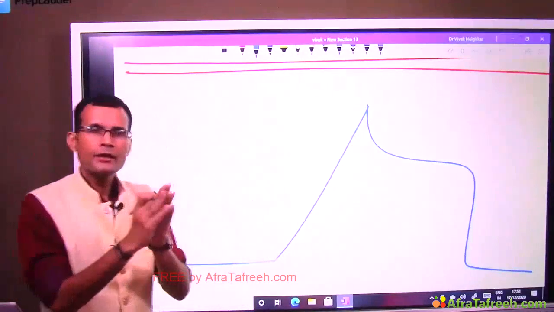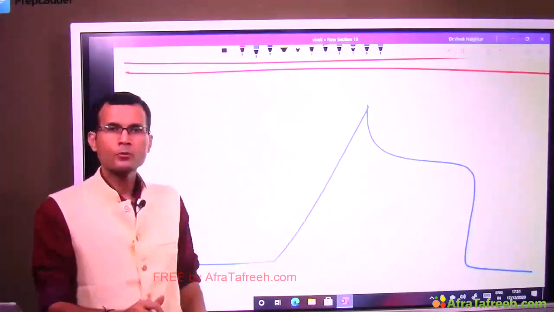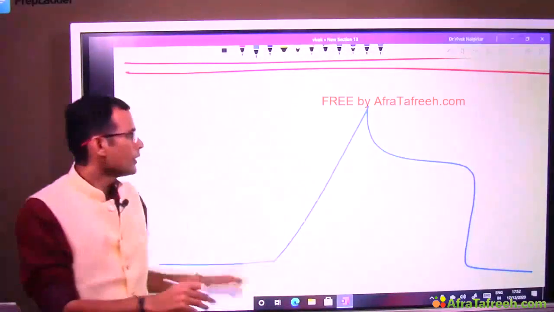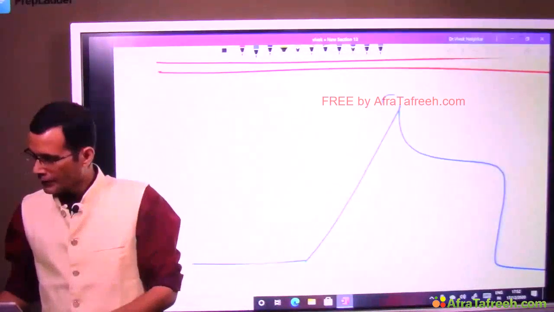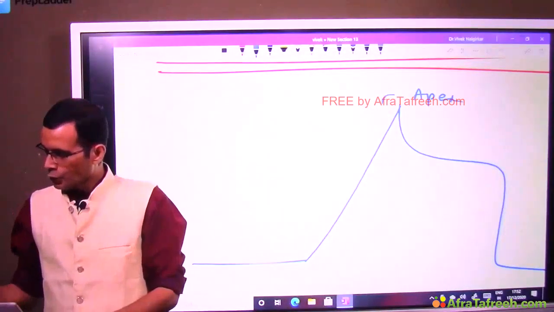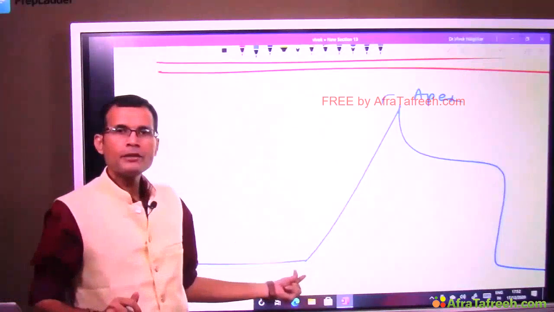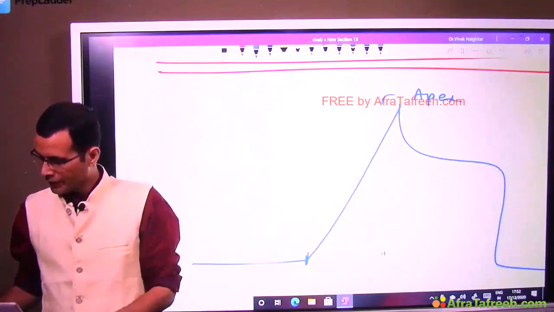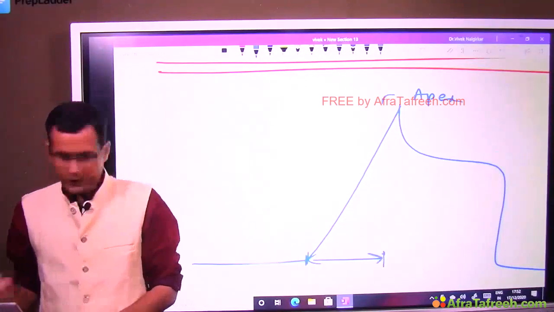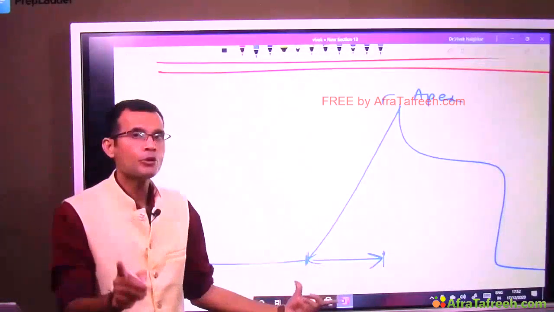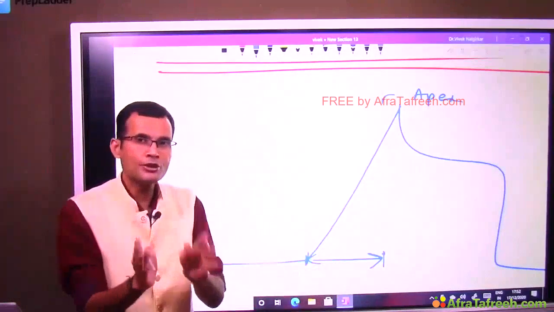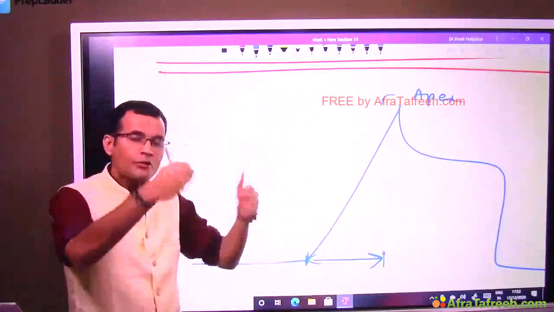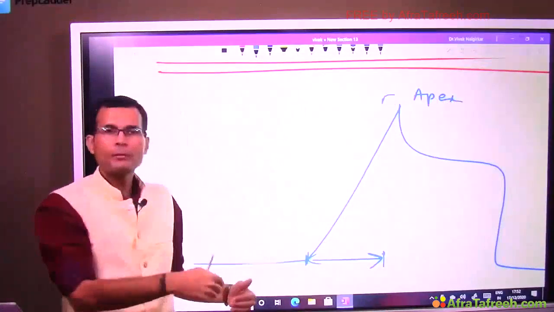I'm just making it a little exaggerated, this slope of depolarization, so that you can understand the difference. This is the cell at the apex. Look how much time it is taking to complete the depolarization. It starts here and it's completed somewhere at this point of time. It is taking this much time to complete the depolarization, and during this much time all those things are happening, depolarization going to the base and recovery occurring in the reverse, fiber by fiber.